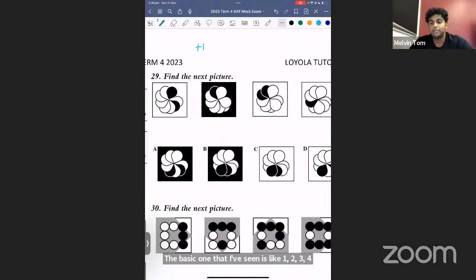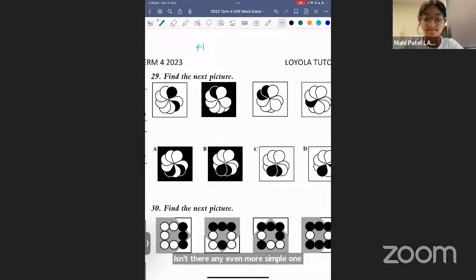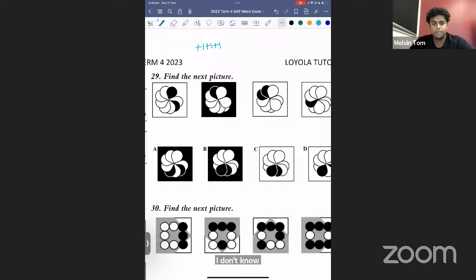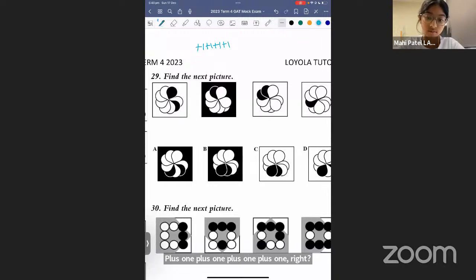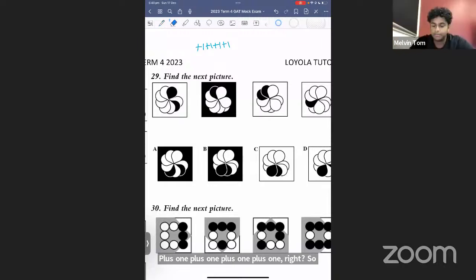Isn't there an even more simple one? I don't know. What about this one? Oh yeah, +1, +1, +1, +1, right? Yeah, that one is the most basic pattern.